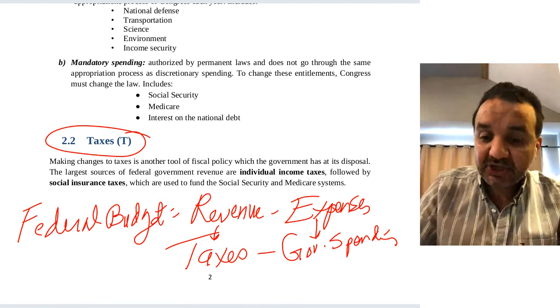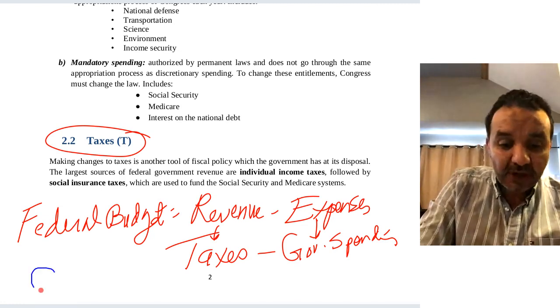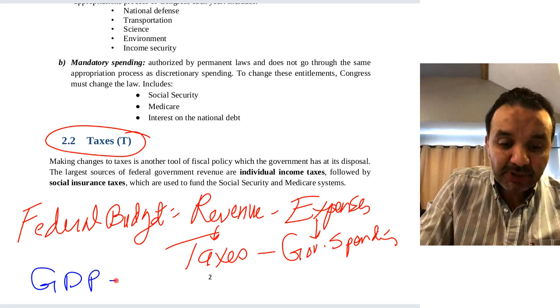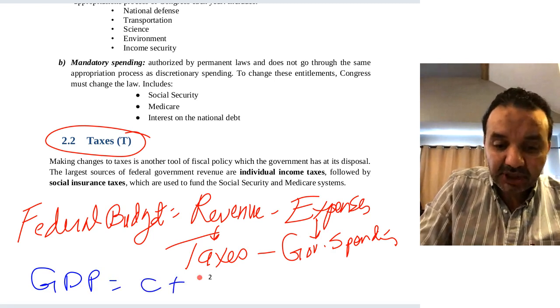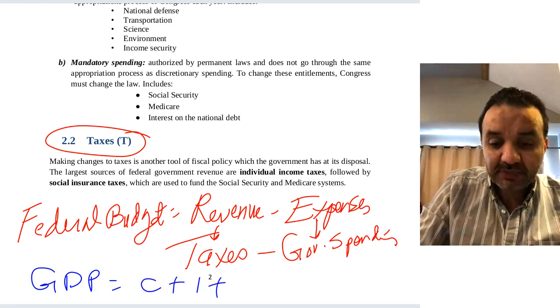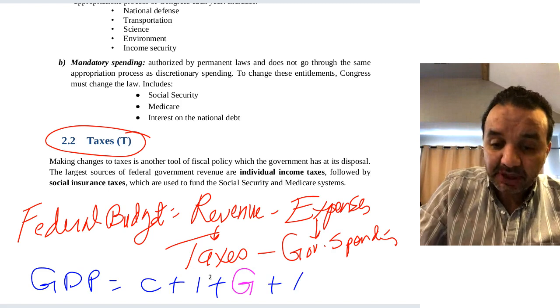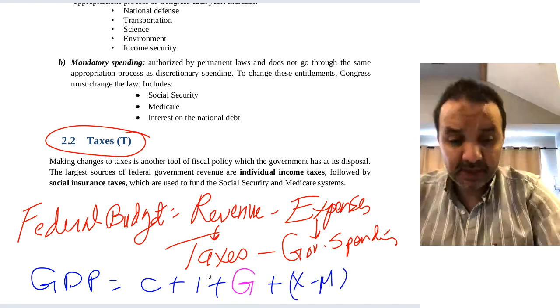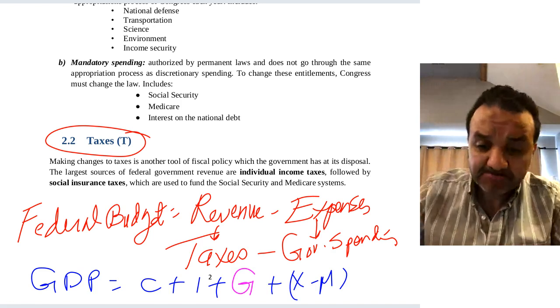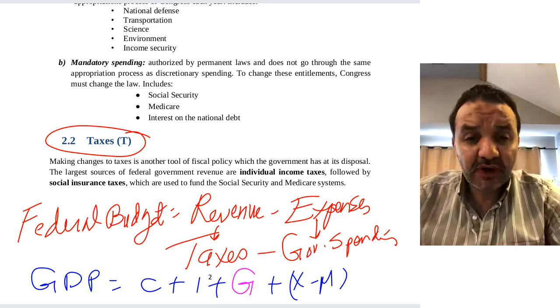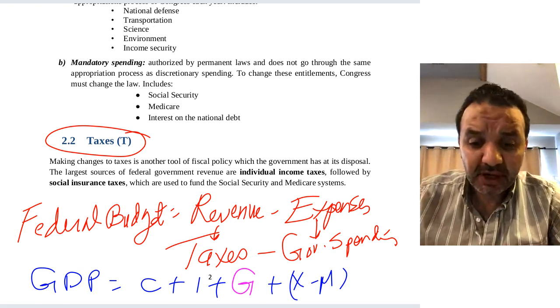Okay, at the same time, I want to remind you of the formula of the GDP again. GDP equals C plus I plus G plus X minus M. This is the formula for the GDP. So the two tools of the fiscal policy are government spending and taxes.